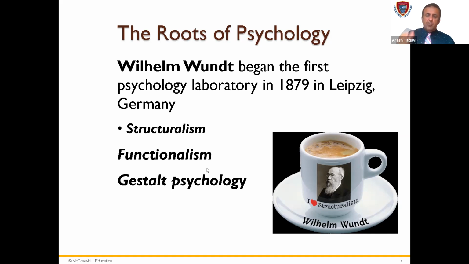And one major part of psychology is related to animal psychologists. And he talked about structuralism. He said that structure is more important than function, and took a whole perspective on psychology. As you know, the founder of structuralism is Wilhelm Wundt.